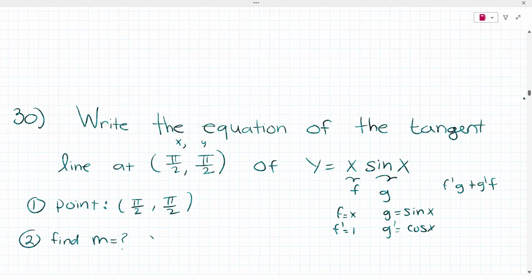So y prime is f prime, which is 1, times g, which is sine of x, plus the g prime, which is cosine of x, times f, which is x. So 1 times sine of x is just sine of x, plus cosine of x times x is x cosine of x.